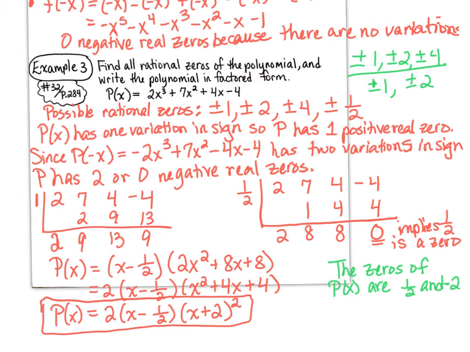What's the multiplicity of 1/2? 1. What's the multiplicity of -2? 2. Good. Remember, the degree of the factor tells you the multiplicity. The multiplicity of -2 is 2. The degree of x minus 1/2 is 1, so the multiplicity of 1/2 is 1.